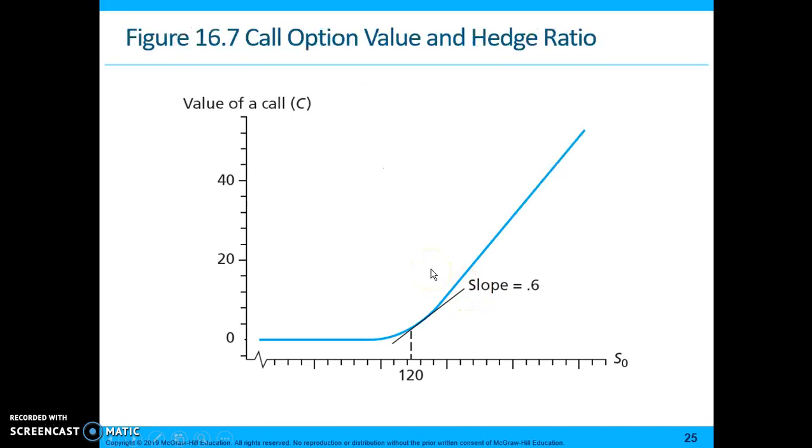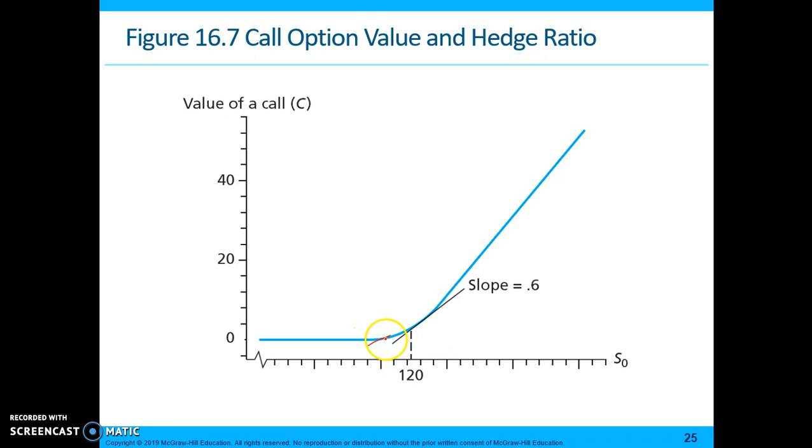So figure 16.7 gives you an idea of the call option value and the relationship to the hedge ratio. The hedge ratio is going to be lower when we're down here than it is up here because of the slope. So if we were down here, the hedge ratio would be even less.